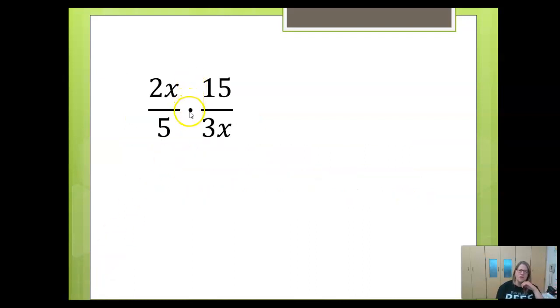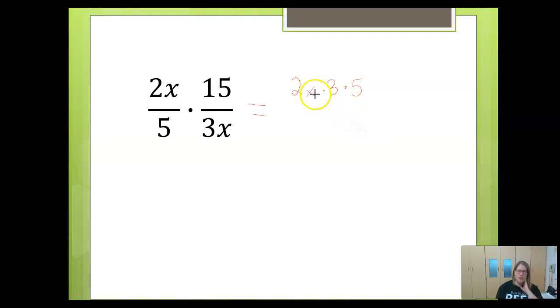So I have 2x over 5 times 15 over 3x. Now, I know that when I multiply these together, I'm going to be multiplying the numerator times the numerator, the denominator times the denominator. But remember, I don't want to write 2x times 15 as 30. I want to write it as all the factors that I can written out so I can see which ones match in the numerator and the denominator.